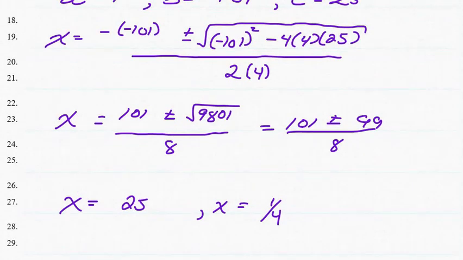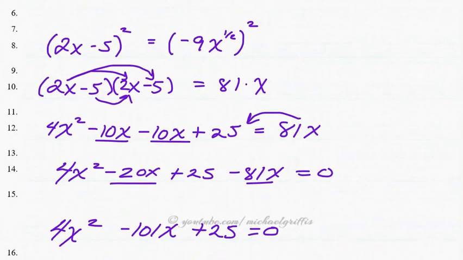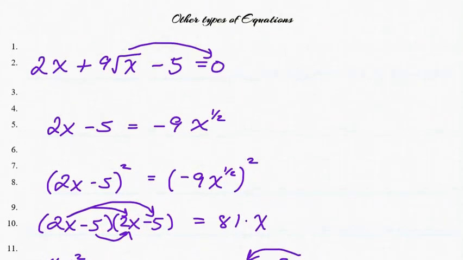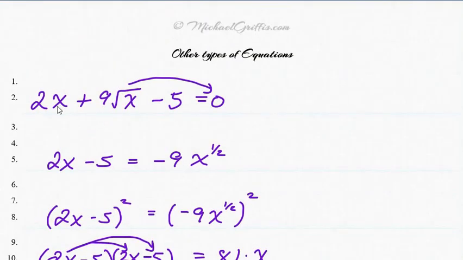All right, where the heck are we? Okay, we didn't do any substitution in this problem. What you'll want to do from here is you want to make sure you check to see if those are actual solutions when you got a situation like this. So you want to plug in 25. Okay, that's going to be 50.